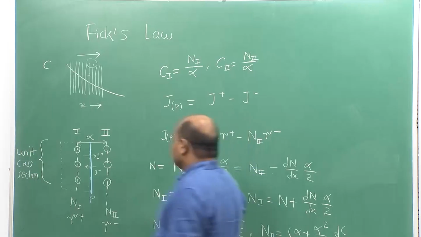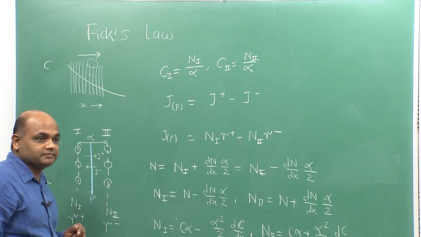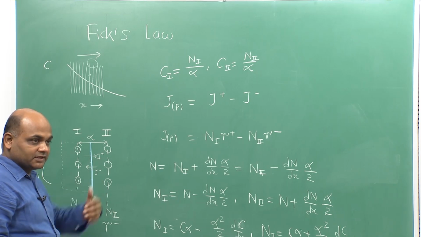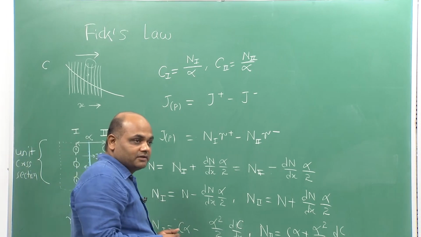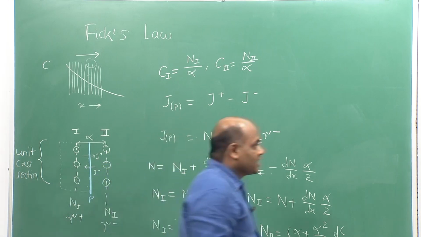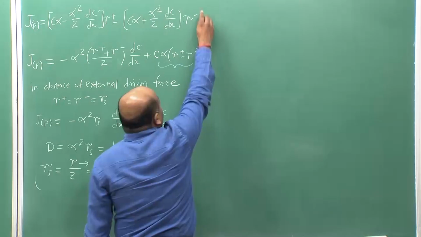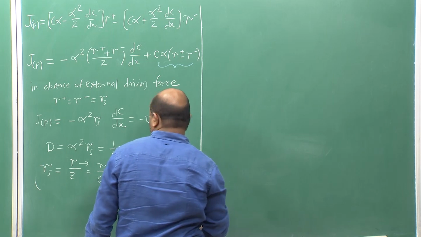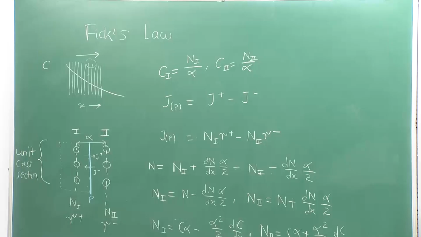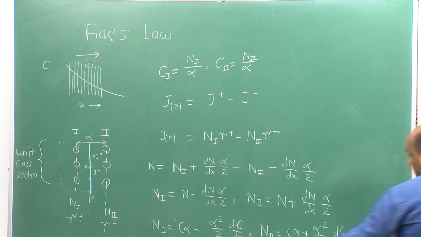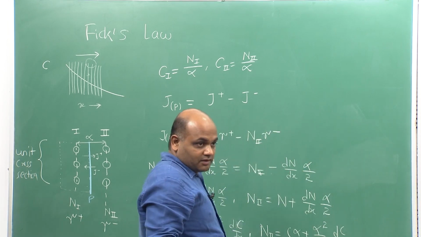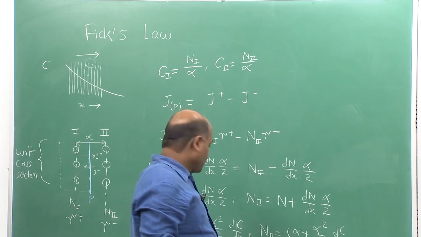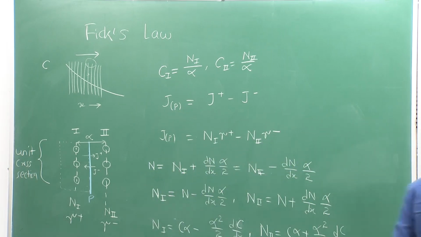Instead of alpha, the interatomic spacing for the jump I would be alpha cos theta I. So, we need to replace these things. Instead of alpha, I will have to use alpha cos theta I.